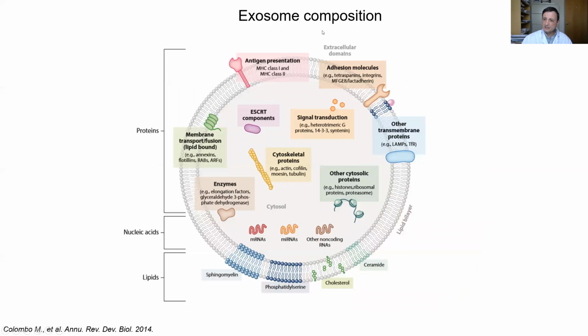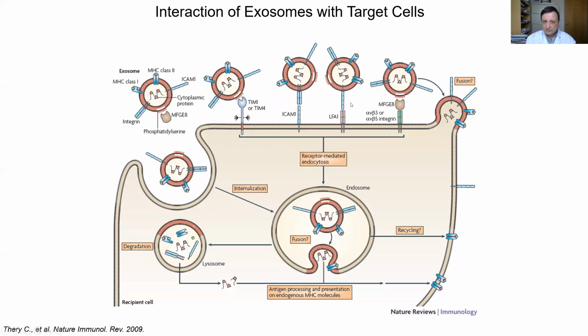Exosomes in particular are very interesting for our work because they have on the surface all the donor antigens that elicit graft rejection. So it's a very good mechanism to deliver donor antigen to the recipient and to start the rejection process. And we know that these vesicles interact through different mechanisms. Some of them remain attached on the surface of the acceptor cells.